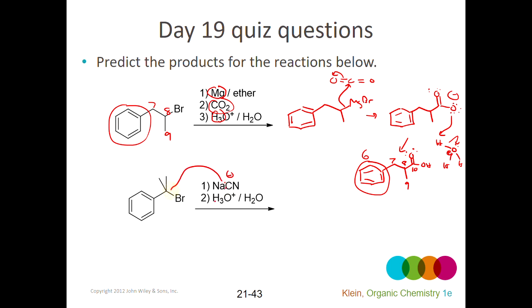Here, the CN minus is a great nucleophile. It would attack here. But in this case, it's too crowded to attack right away. So the Br would have to leave first, which would produce a tertiary carbocation, and also that would be stabilized through resonance. Then the CN minus could attack.